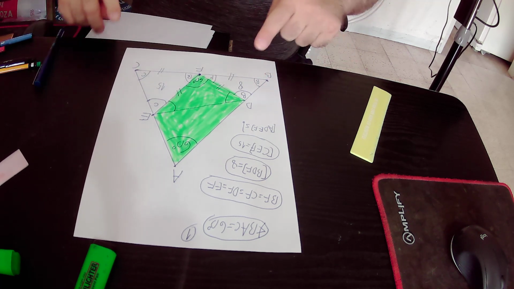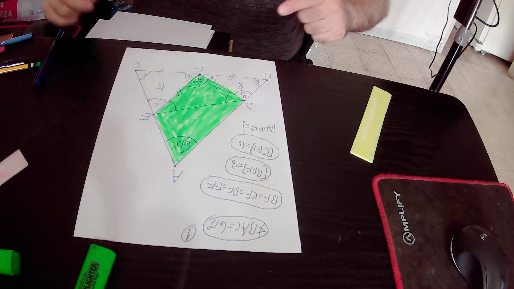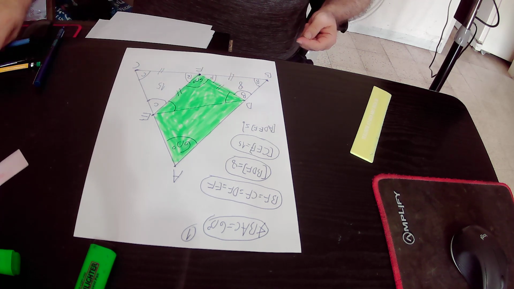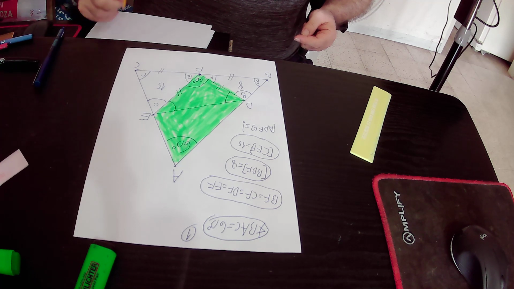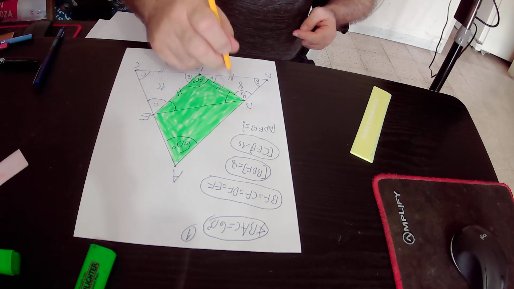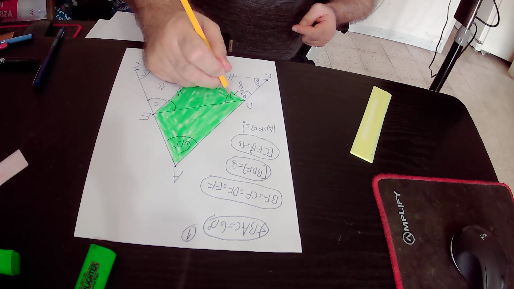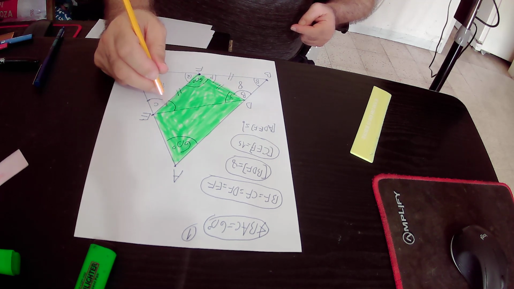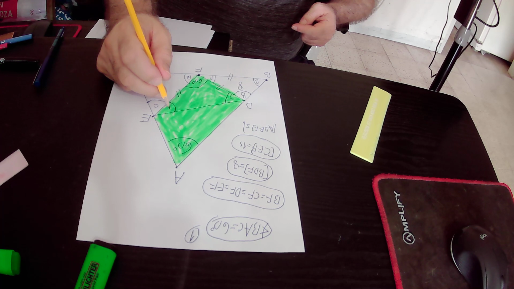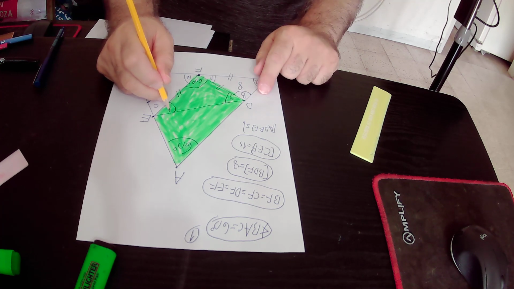So those two angles that are located in front of equal sides are also equal to each other. So if this angle equals Y, then the other angle must also equal Y, because those two angles are equal to each other.